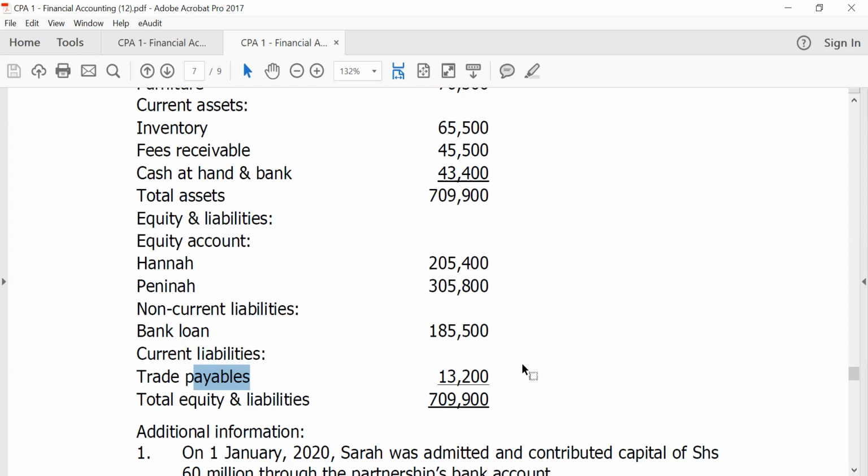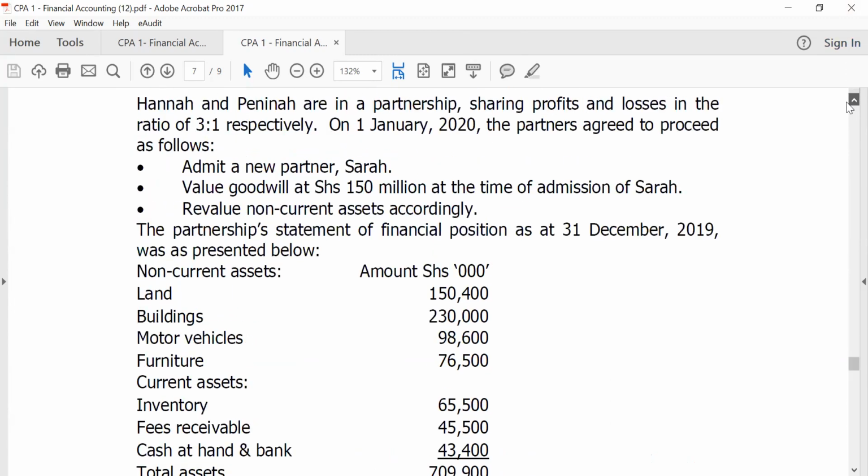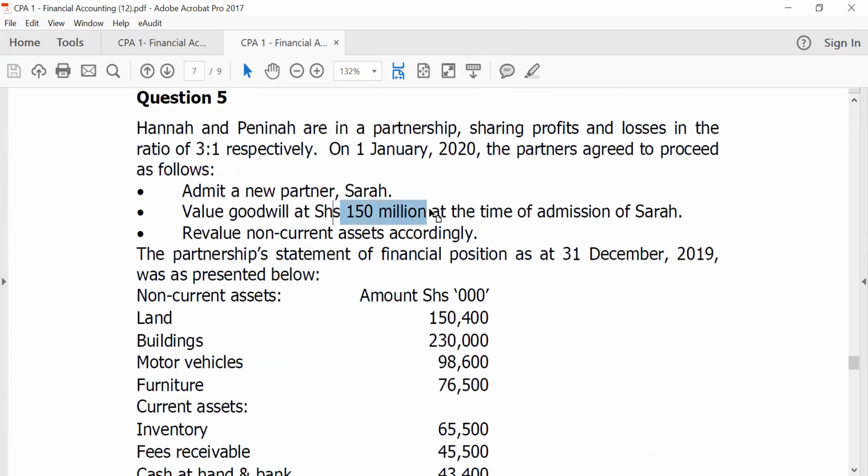I don't know how they would make an error in the question and treat goodwill as capital, because in most cases they'll give you the goodwill value, just like this question where they have given us goodwill up here, and all they want is for you to account for the goodwill.